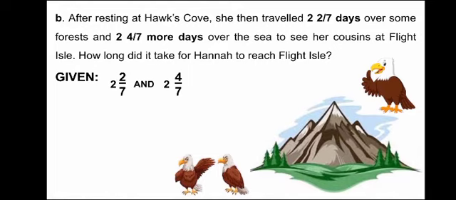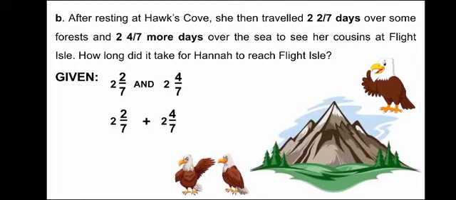Since we're going to add the two mixed numbers, we have a step to take. To add mixed numbers with the same denominators, since we can see here, they have the same denominators just like what we did on the first one, we are just gonna first add the whole number.